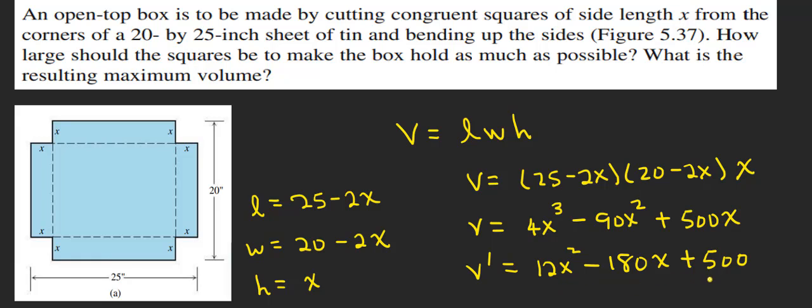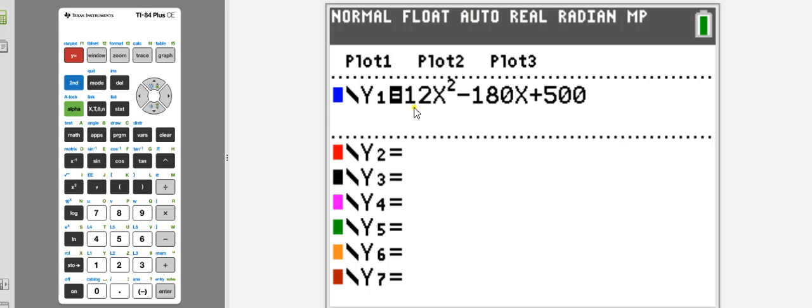Since the calculation is not so simple, you could either use the quadratic formula, or in this case, I'm going to use the graphing calculator to find the critical points. So what I did was I put V prime as my y1, and I want to graph this.